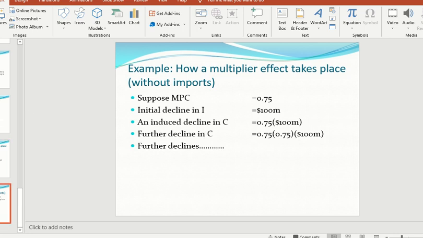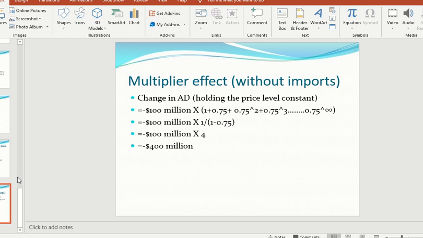So now let's summarize the story a little bit, so that we know the total change in aggregate demand. How will that affect the aggregate demand? Initially, there is a decline of $100 million in investment. We have a negative sign here that indicates a decline, because we're talking about a change in investment.